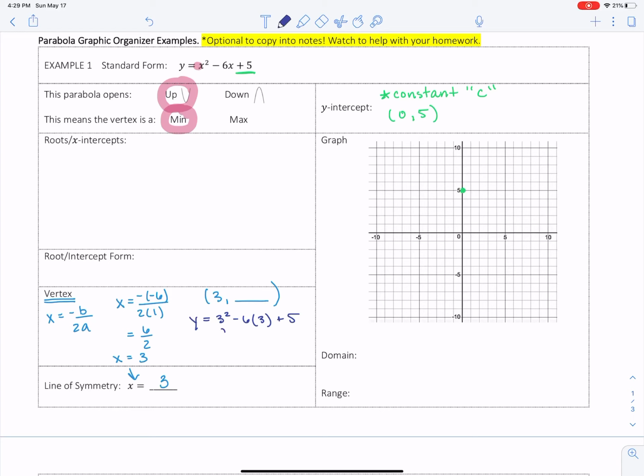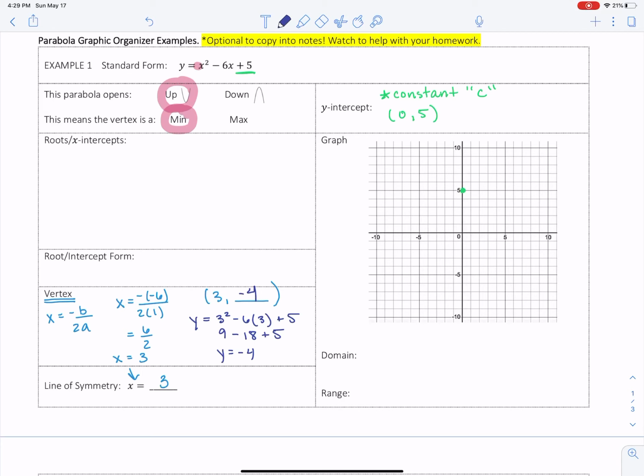So we have 9 minus 18 plus 5. So we have negative 9 plus 5, which gives us y is equal to negative 4. So our vertex is at the point 3, negative 4.